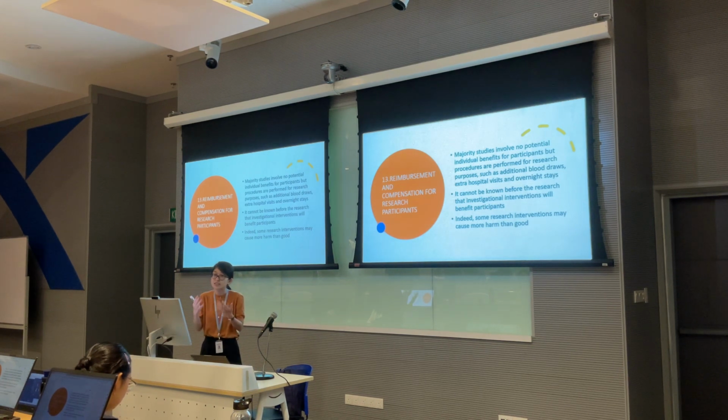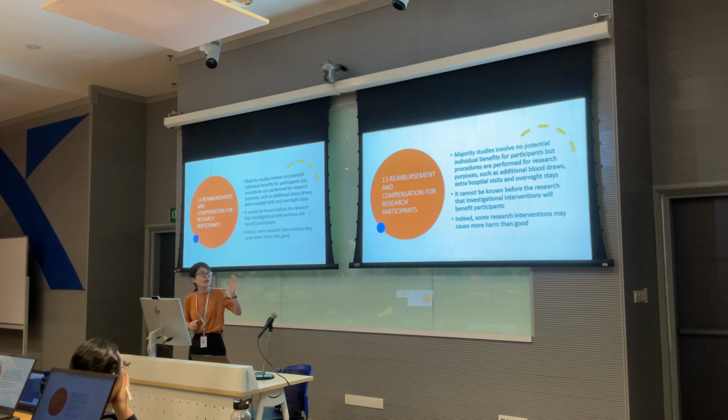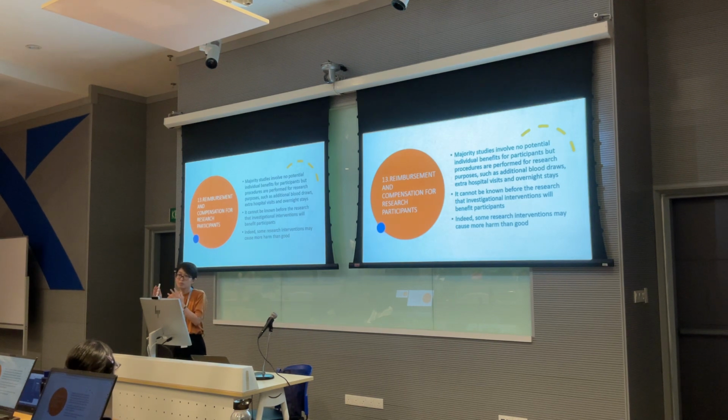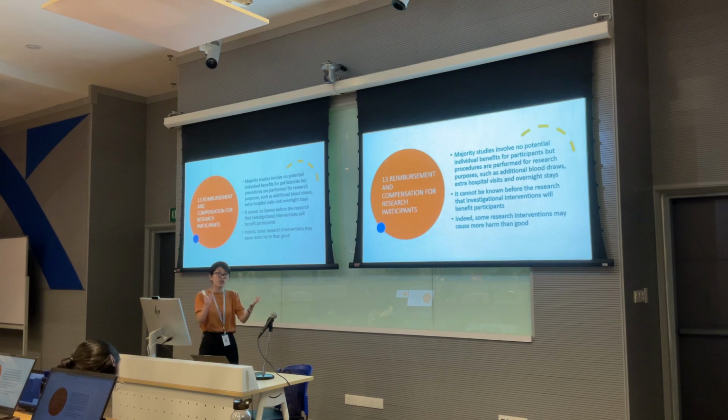We are doing research, we are going to evaluate the results, so we are not sure. Usually we emphasize in our consents that this research study will not provide any direct potential benefit to the participants. If they are still willing to join, it means they are really doing so voluntarily.